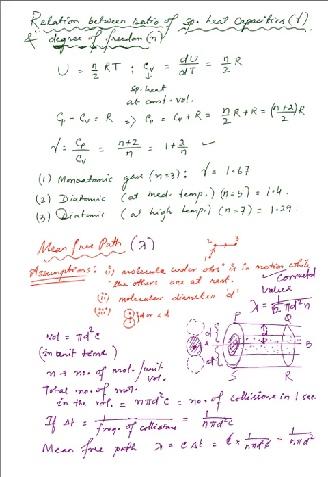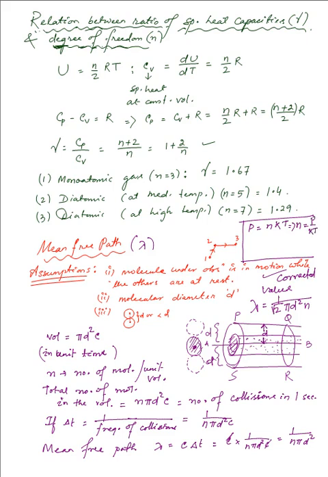Also, as we know, for a gas having pressure P, P is equal to nkT, and so we have n equal to P over kT.